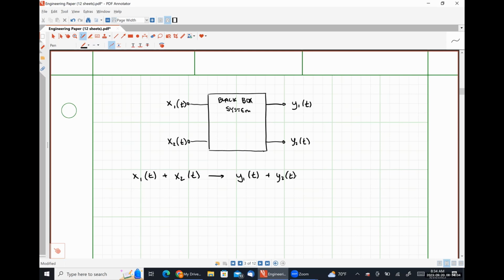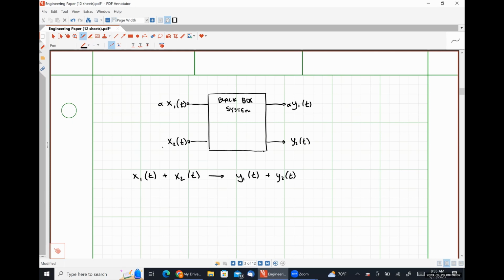So there's another big part of linearity called homogeneity, and homogeneity is just a fancy term for scaling. What the homogeneity principle tells us is that if I scale my input by an arbitrary time invariant factor alpha, my output should scale by that exact same thing.